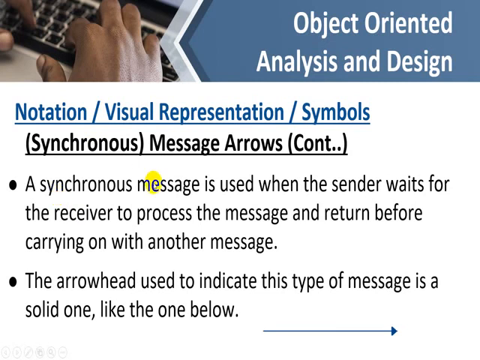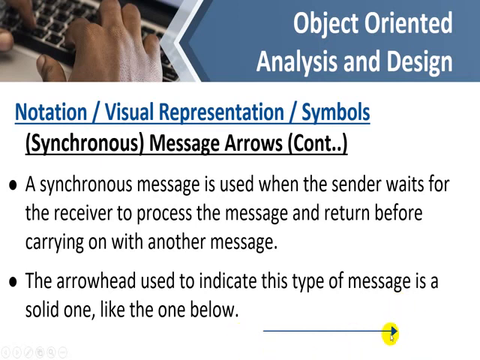A synchronous message is used when the sender waits for the receiver to process the message and return before carrying on with another message. So that means if we find this type of arrow, this object will not be able to initiate any other message until this particular object sends a reply, it responds, it performs the task, then it can move, right?